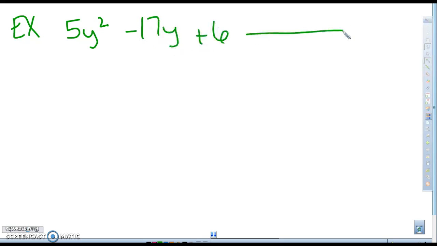Just for giggles and grins, we'll do one last one. 5y squared minus 17y plus 6. Make sure you're setting up your factor table.